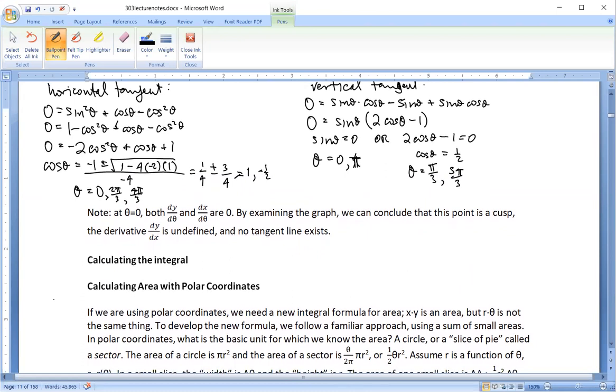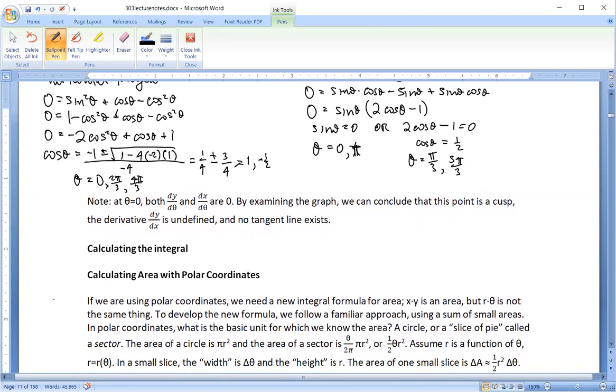So if we assume that r is a function of theta, which is what we're going to do for these cases for now, then we can say that in a small slice, the quote-unquote width is delta theta and the quote-unquote height is r. So therefore, the area of a small slice, which we can call our delta A, is going to be 1/2 r squared delta theta.